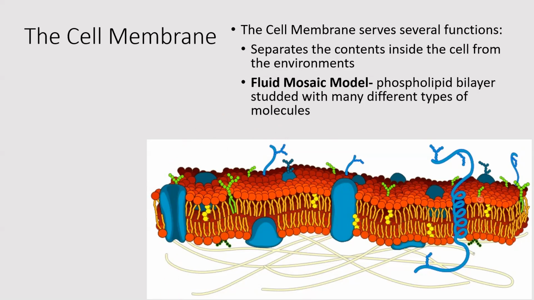You have some proteins that are just going to be on the top or the bottom, or outside or inside of the cell, and you have some that will be kind of like anchor proteins or recognition proteins. So say a molecule is out here floating around and it recognizes this protein, then it could bind to it and it can initiate a reaction inside the cell.